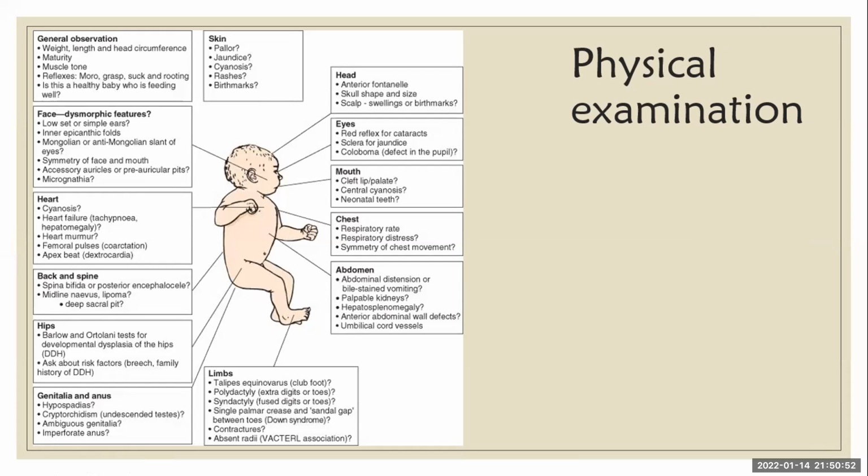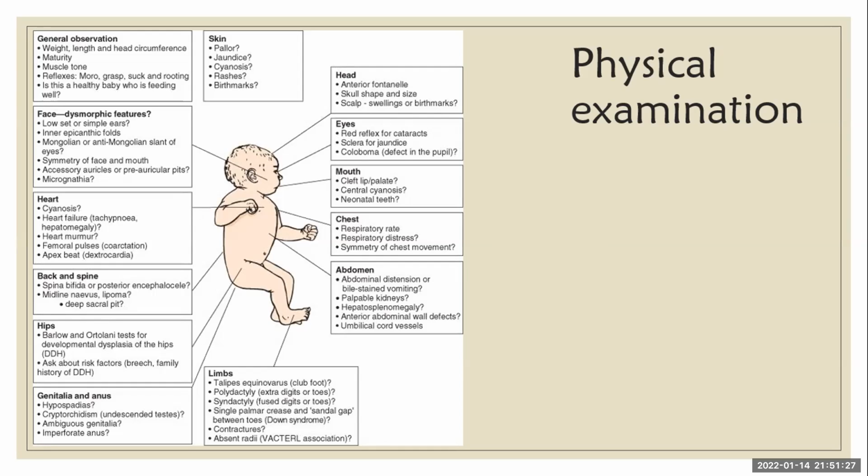For general observation, we need to measure the weight, length, and head circumference, muscle tone, and whether there is presence of reflexes, and we need to examine the skin, whether the skin of the baby is pale, jaundiced, cyanotic, or whether there are rashes or any birthmark. And we need to elicit whether there are some dysmorphic features, such as low set ears, simian crease, inner epicanthic fold, and others.